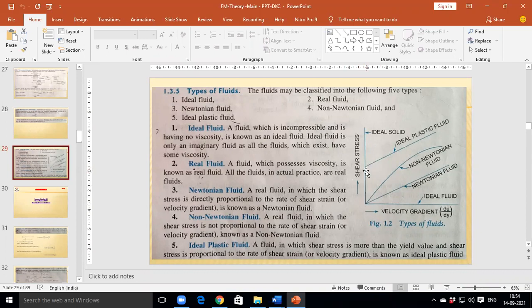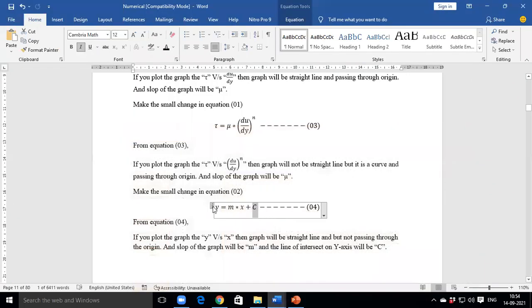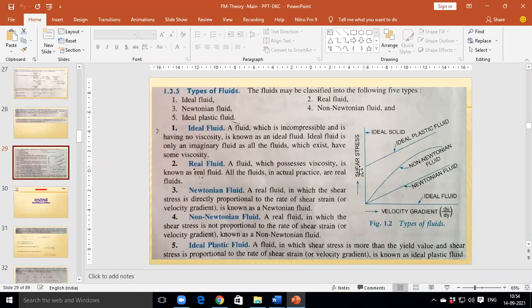Line of intercept means which term? From the origin to this point, where the ideal plastic fluid graph passes through the y-axis, this distance is called which notation as far as equation number 4 is concerned?